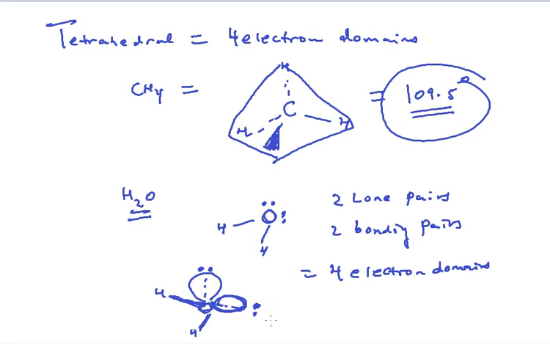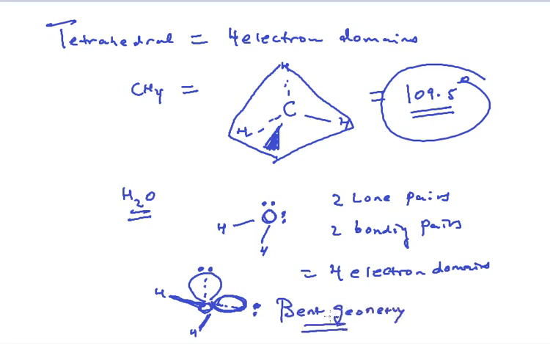Regardless, it has 4 electron domains, but the angle is going to be less than 109.5 degrees. It's still under tetrahedral, but it has a name: bent geometry.